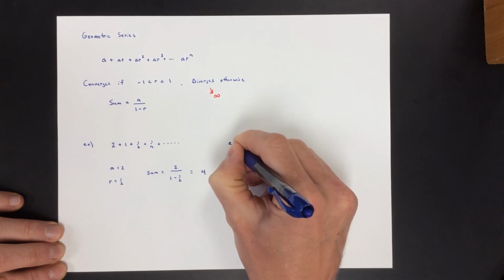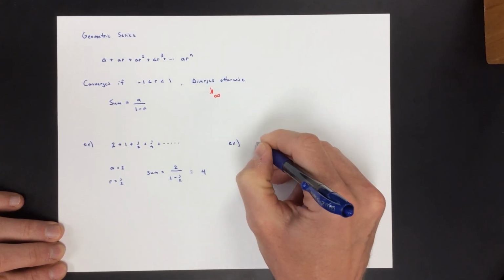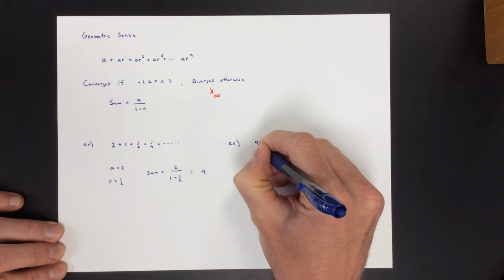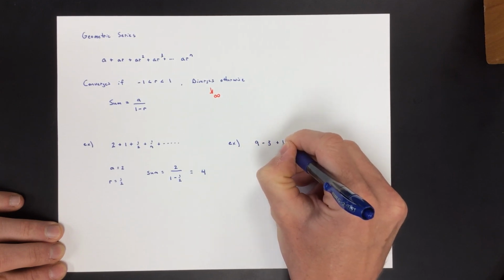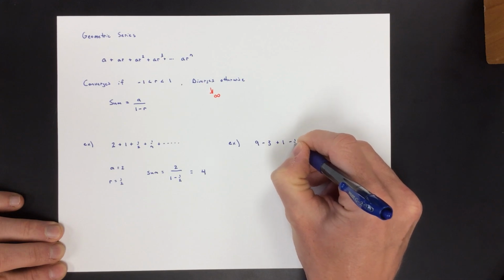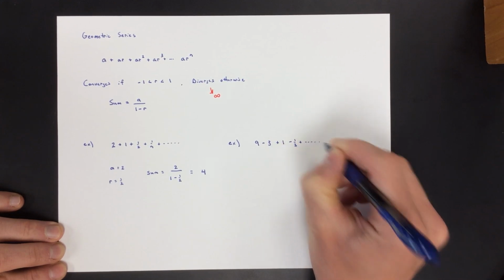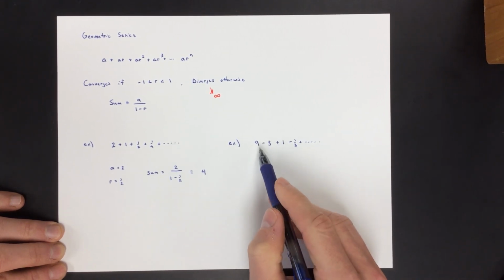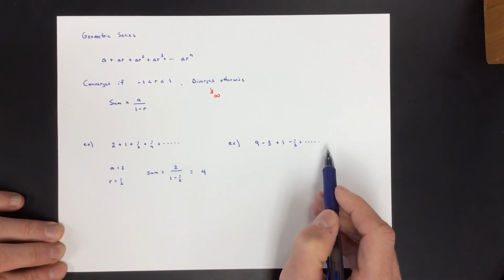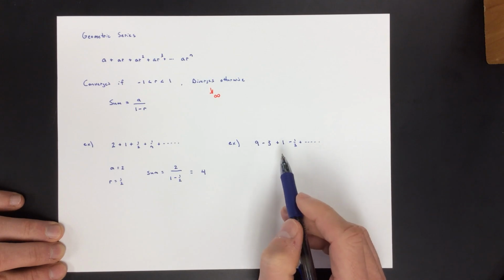What if we looked at the series 9 minus 3 plus 1 minus a third plus dot dot dot? Is that geometric? The R here is -1/3. Now, what does a negative R value do?